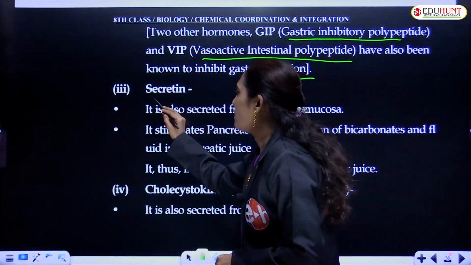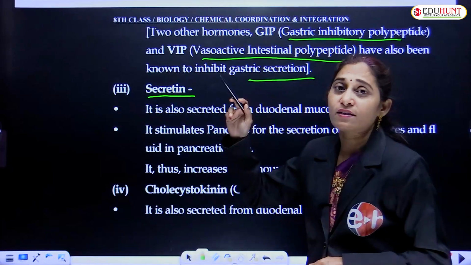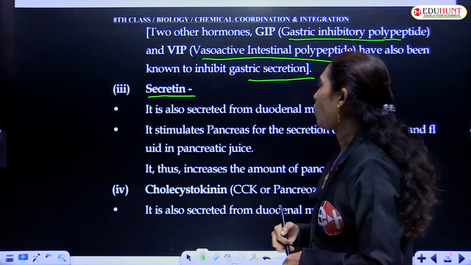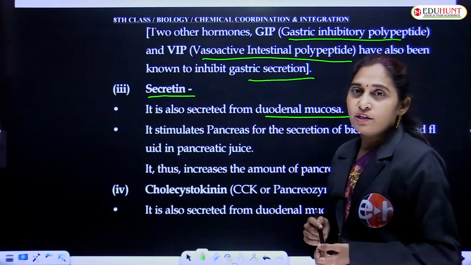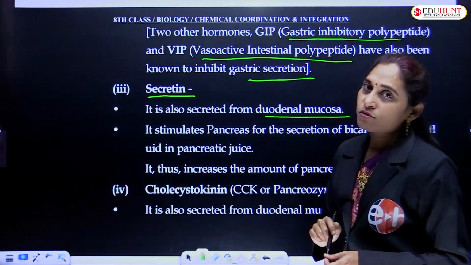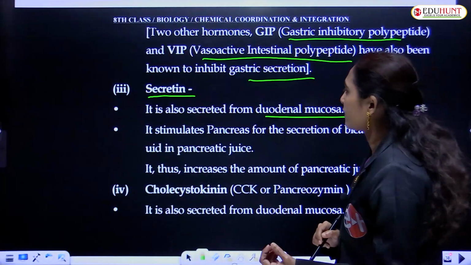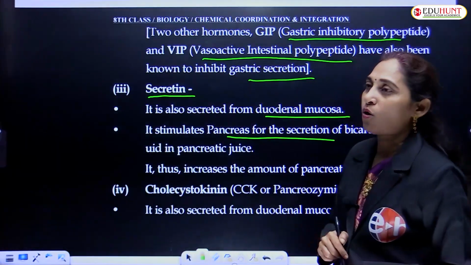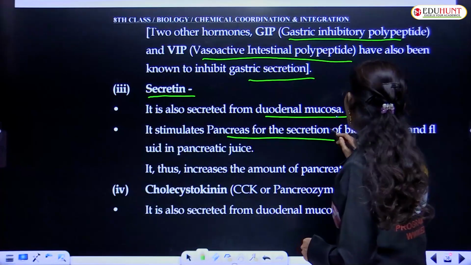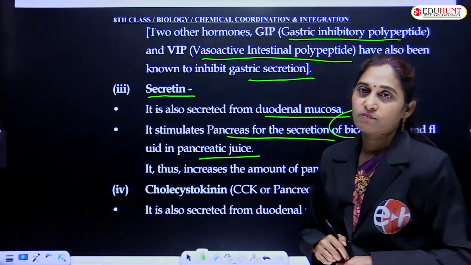The next one secreted by the gastrointestinal tract is secretin. It is also secreted from the duodenal mucosa. It stimulates the pancreas for the secretion of bicarbonates and fluid in the pancreatic juice.